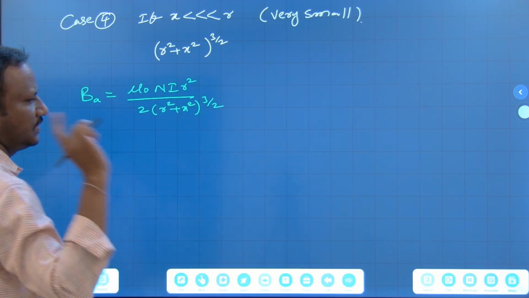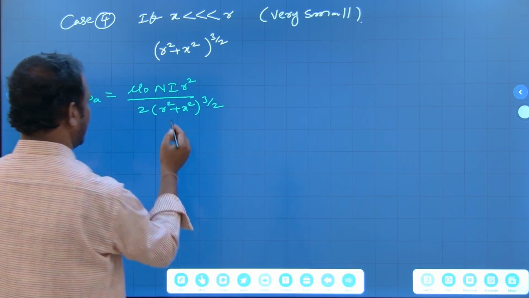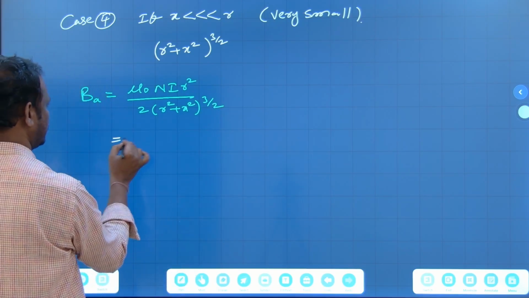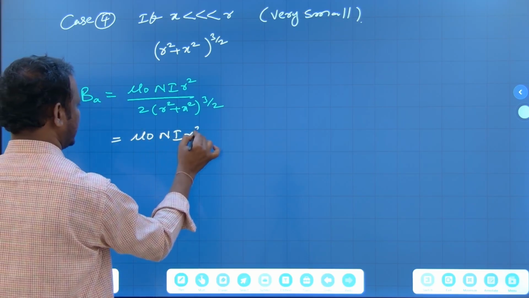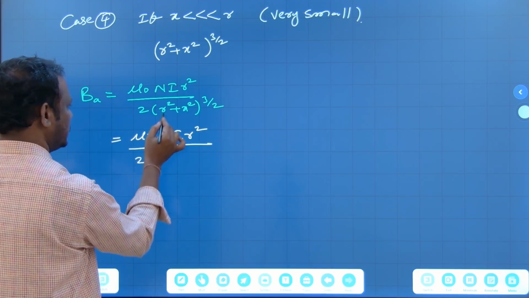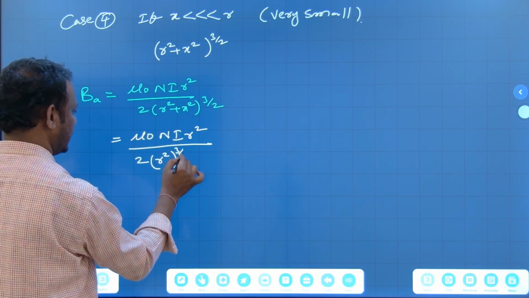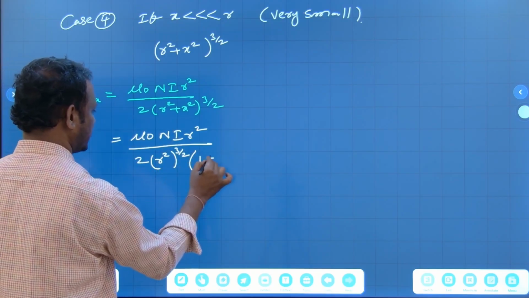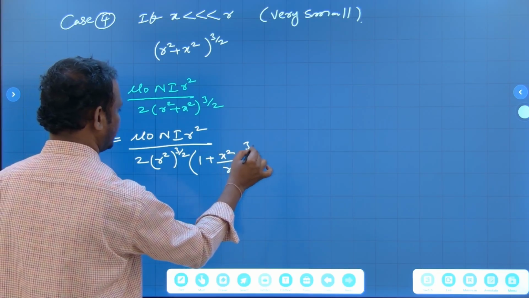Carefully observe this. I am bringing r square outside, so this is mu naught Ni r square by 2, times r square to the power of 3 by 2 times 1 plus x square by r square to the power of 3 by 2.